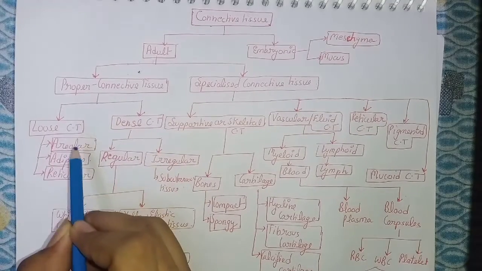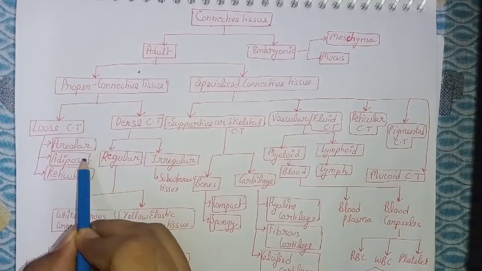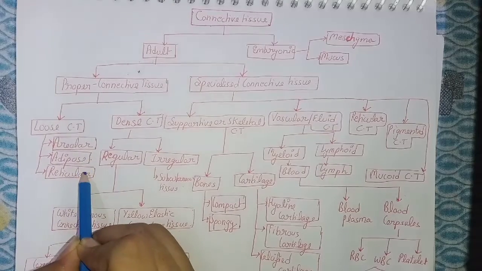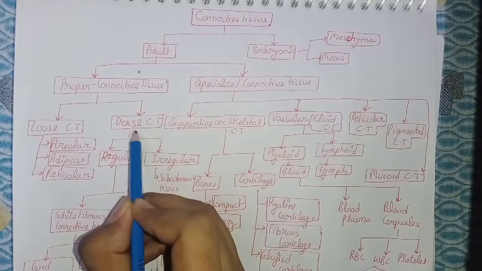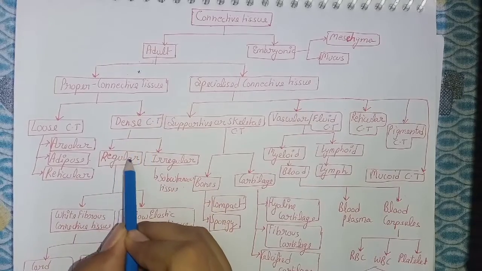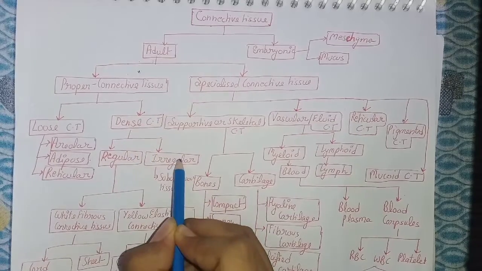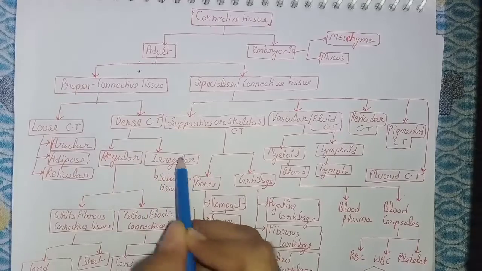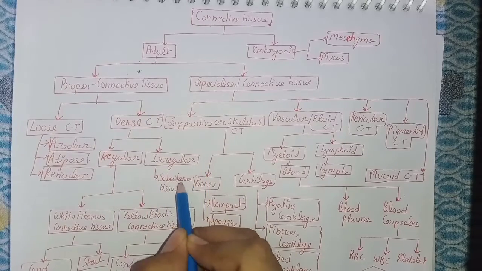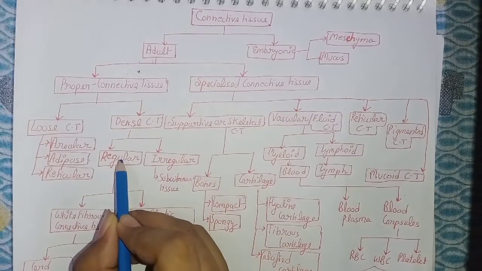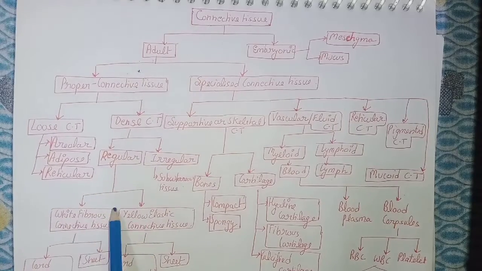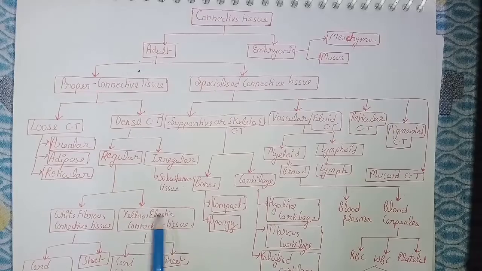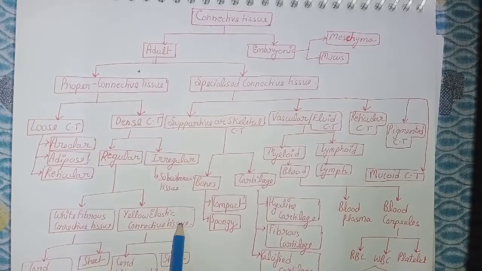Loose connective tissue has areolar connective tissue, adipose connective tissue, and reticular connective tissue. Dense connective tissue has two further branches, regular dense connective tissue and irregular dense connective tissue. Irregular dense connective tissue is subcutaneous tissue, and regular dense connective tissue is again divided into white fibrous connective tissue and yellow elastic connective tissue.